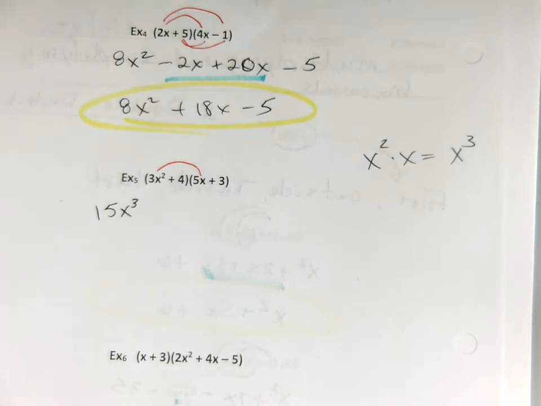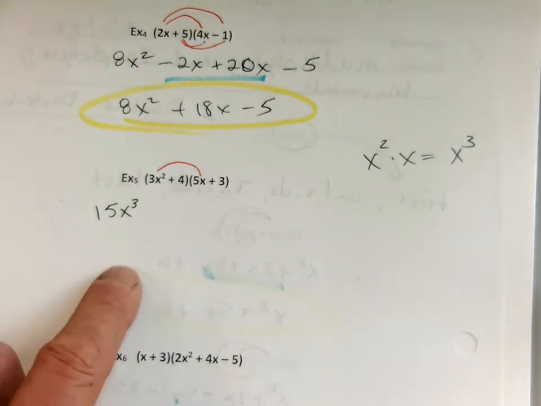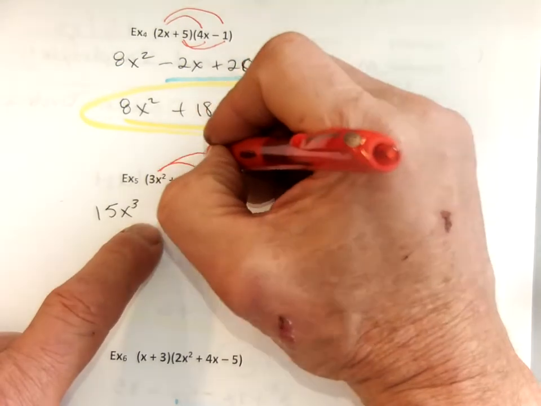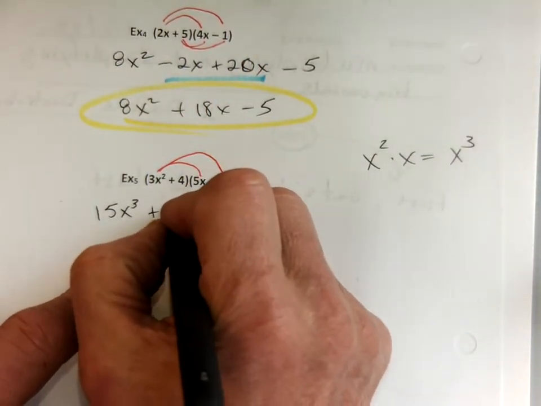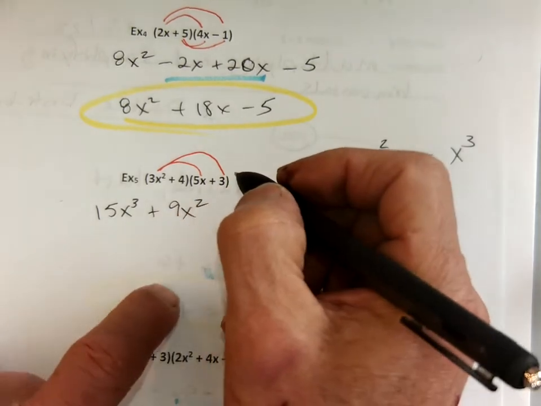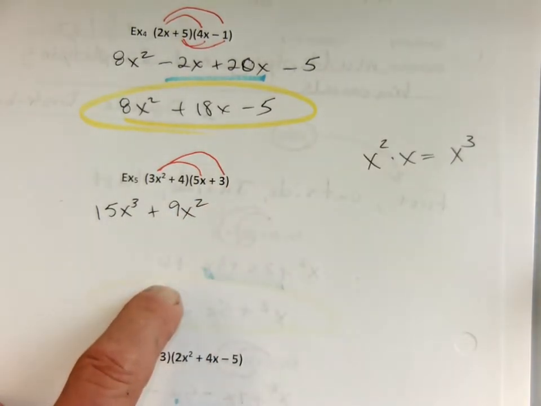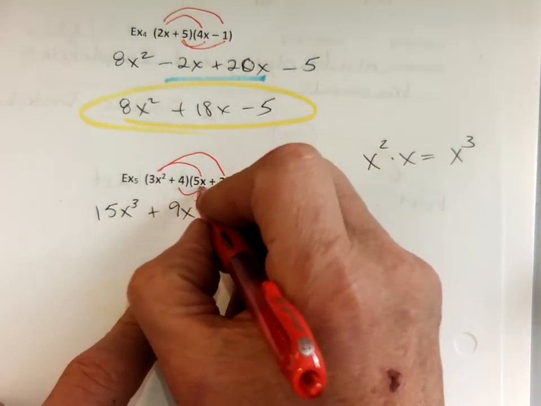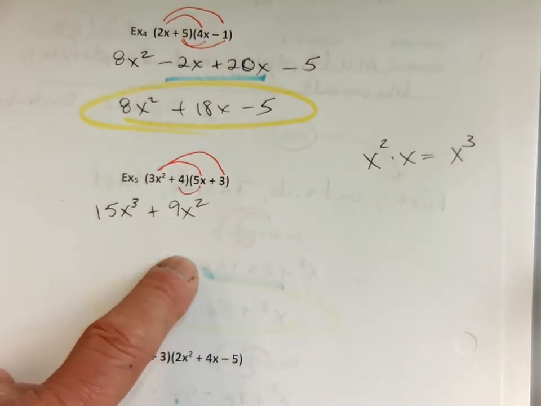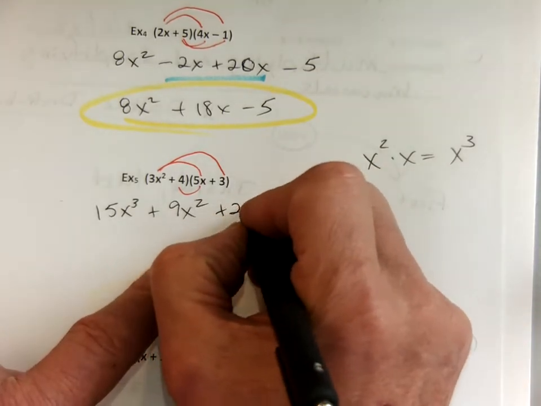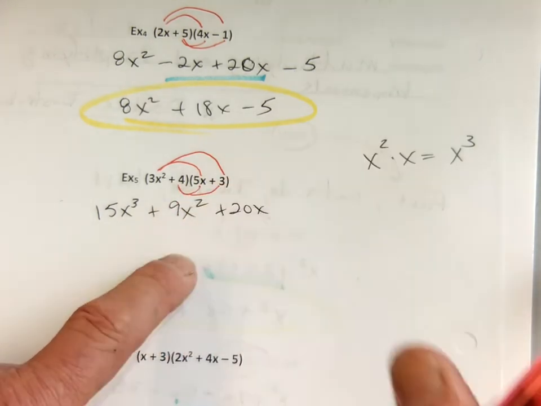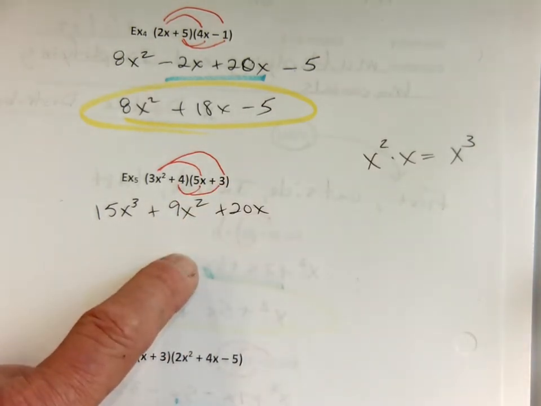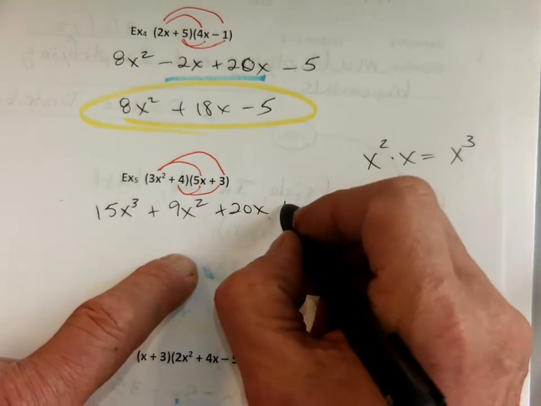And then 3x squared times 3 is a positive 9x squared. 4 times 5 is a positive 20x. 4 times 3 is a positive 20. Nope, positive 12, my bad.